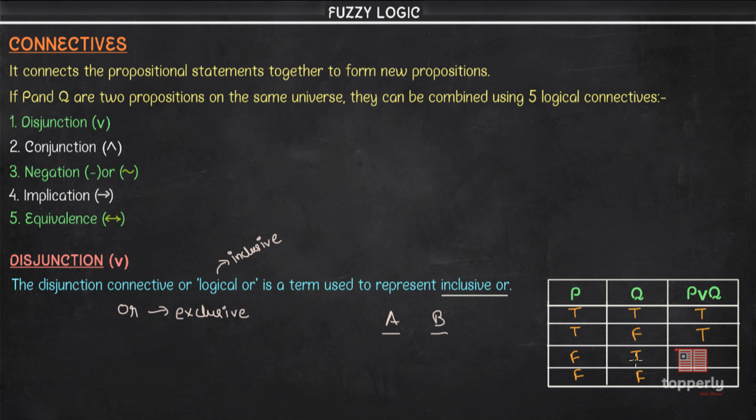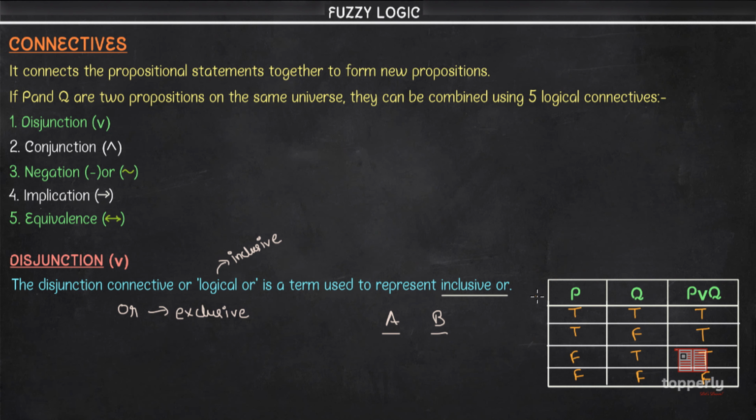Similarly, here we take this as true since Q is true. Lastly, P is false and Q is false, therefore P disjunction Q will also be false. So this is the truth table for the disjunction connective.